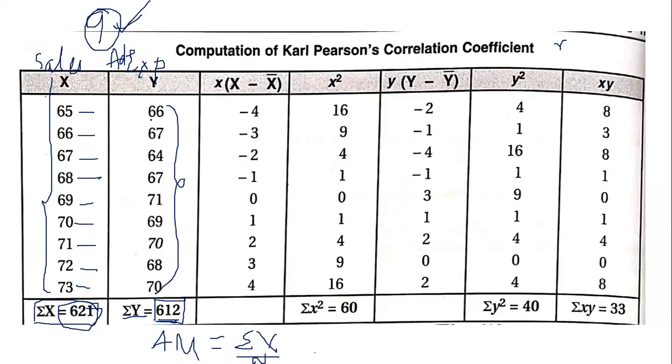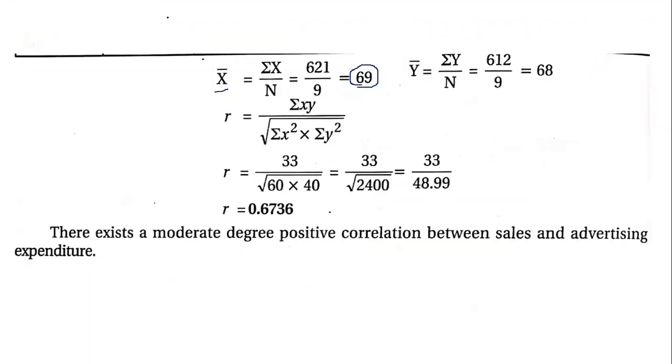Okay. Now after finding sigma y, we have to find y bar. Y bar is sigma y divided by n. Sigma y is 612 and n is 9. So 612 divided by 9, if you do the division, you get 68 as y bar.